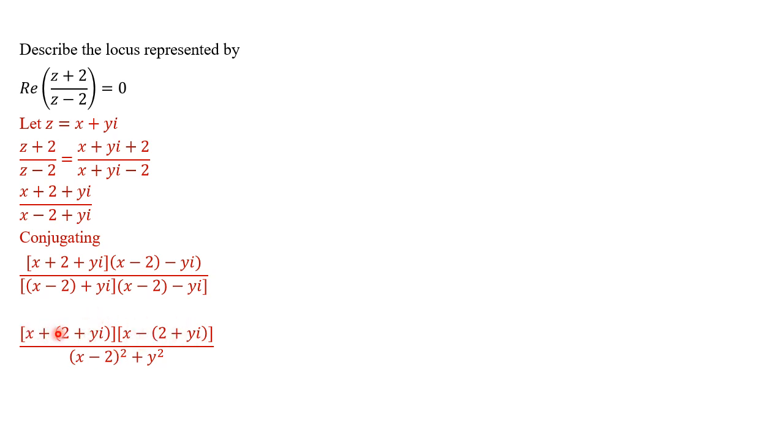So this is a difference of 2 squares, which is going to give us x squared minus (2 plus yi) squared, all over (x minus 2) squared plus y squared. So now we can simplify this part, which is (2 plus yi) squared here.